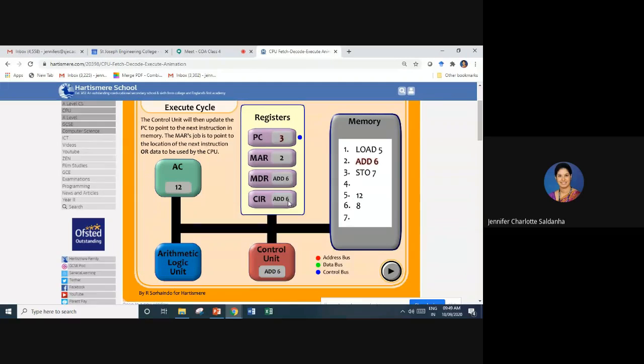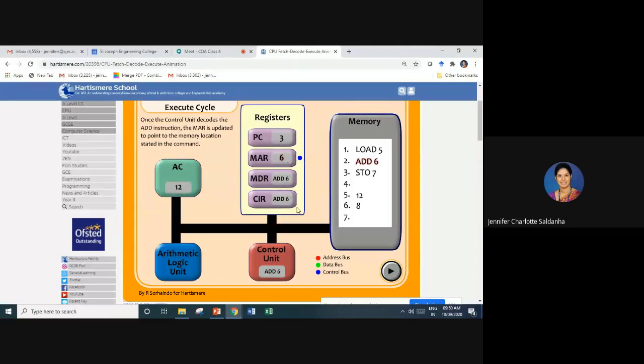So the address of the operand from the instruction register has to go. To read the operand from the memory location 6, its address which is present in the instruction register has to go to, same thing as how we did the previous instruction, the memory address register. Memory address register will get the address of the operand.